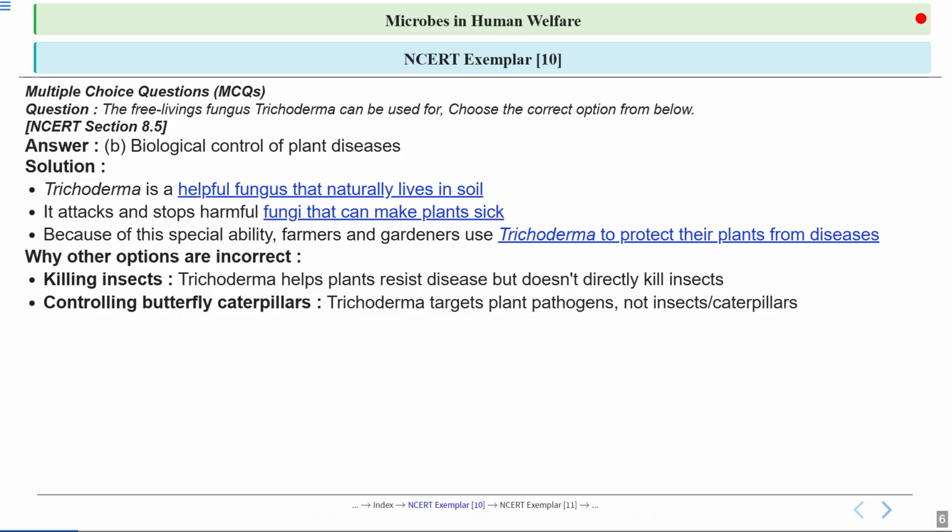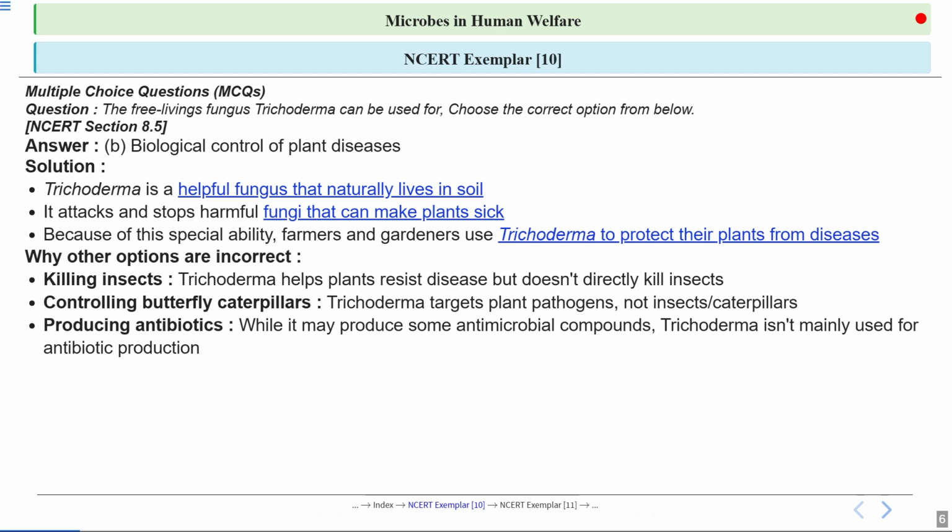Okay, one of the options was controlling butterfly caterpillars. So Trichoderma doesn't control butterfly caterpillars. This fungus is specific to plant pathogens, not insect pests. Okay, then another option was producing antibiotics. So Trichoderma may produce some antimicrobial substances, but it's not primarily used for antibiotic production.